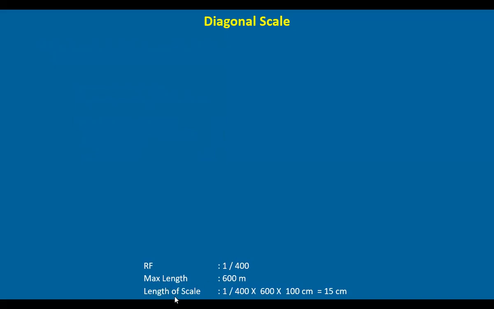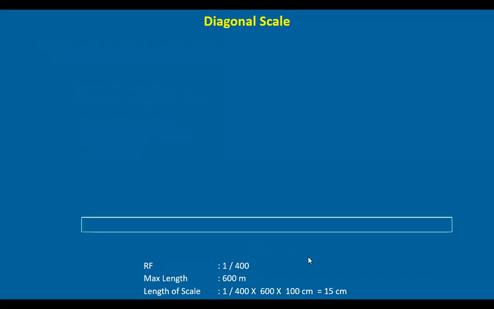Now calculate the length of the scale: RF into maximum length, convert it into centimeters, you get 15 centimeters here. So draw a rectangle of length 15 centimeters and width is very convenient, 5 mm or 6 mm, something like that. And now, how many parts it is to be divided? Here, actually, maximum length is 600 meters. We cannot divide this into 600 parts. It's of no use. So, what to do? Even 60 also is very high.